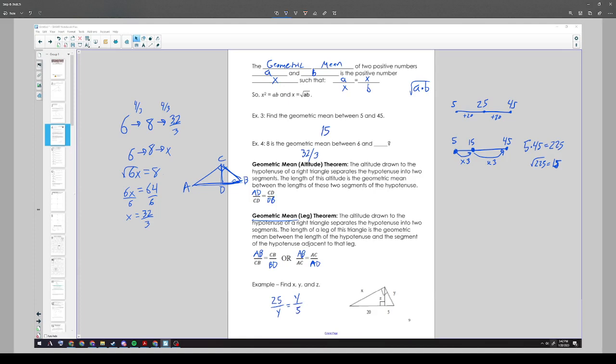If we can recognize that as a geometric mean, we don't have to write this proportion. We can just go straight to y equals the square root of 25 times 5.